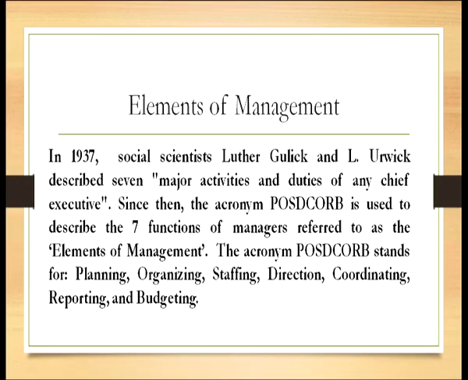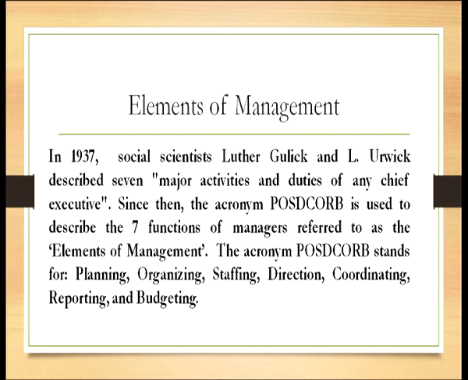Then the elements of management. In 1937, social scientists Luther Gulick and L. Urwick described seven major activities and duties of any chief executive. Since then, the acronym POSDCORB is used to describe the seven functions of managers, referred to as the elements of management.